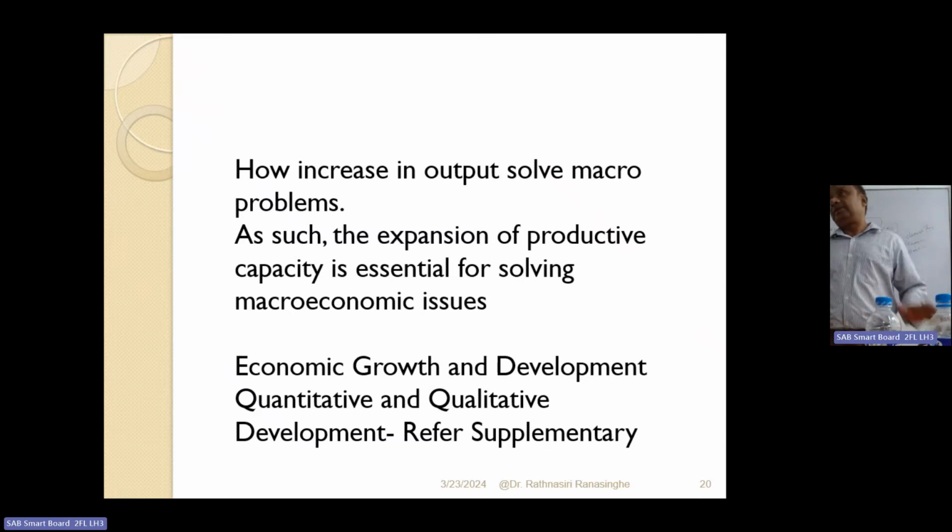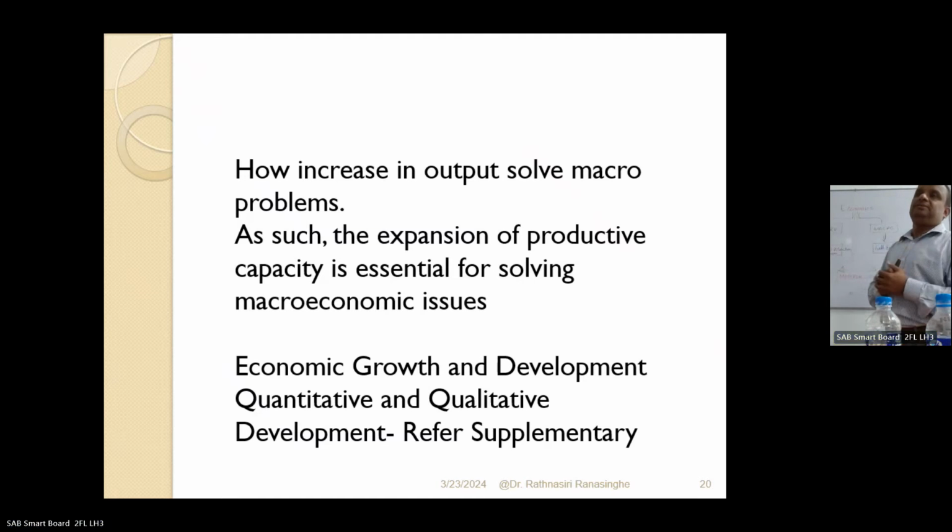So when we go for higher productive capacity and a higher production level, that shifts the PPC to the right, and that explains economic growth. In order to achieve growth, we need to sacrifice current consumption for future investment. That is the opportunity cost. We need to cut down the production of consumer goods and increase the production of investment goods or capital goods.